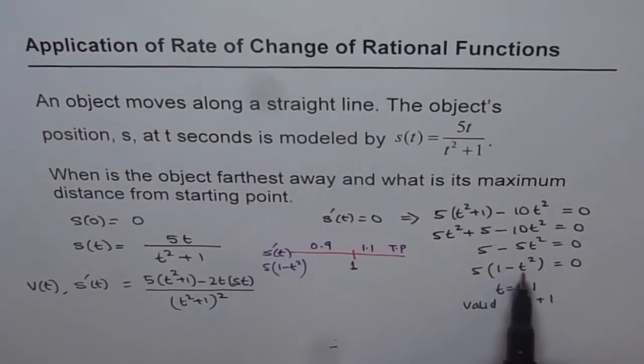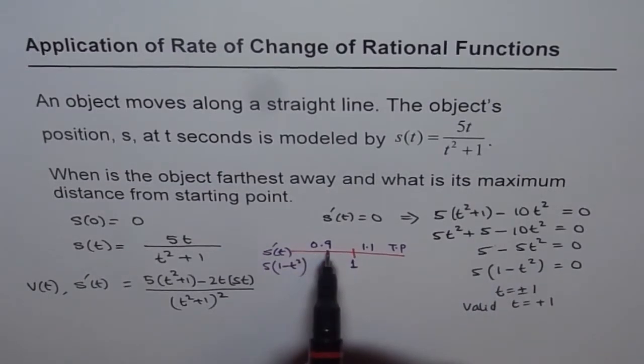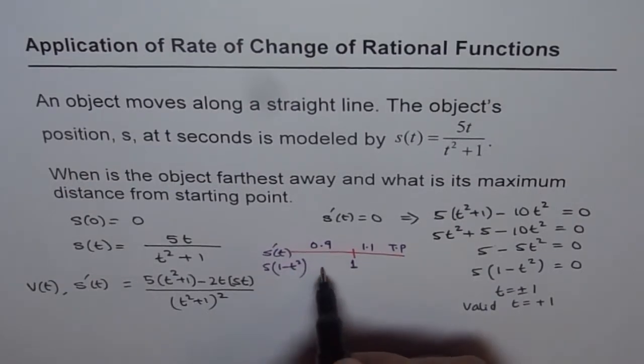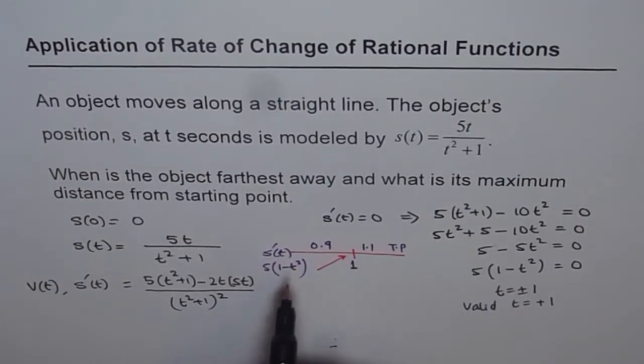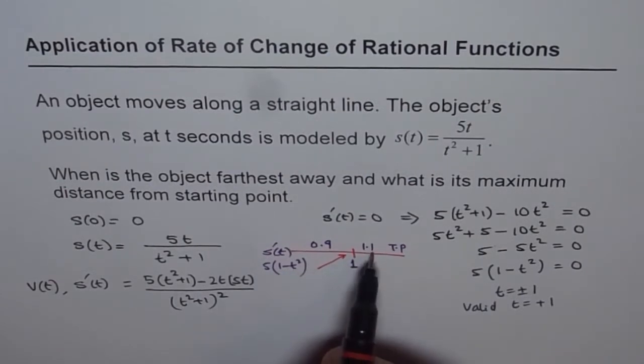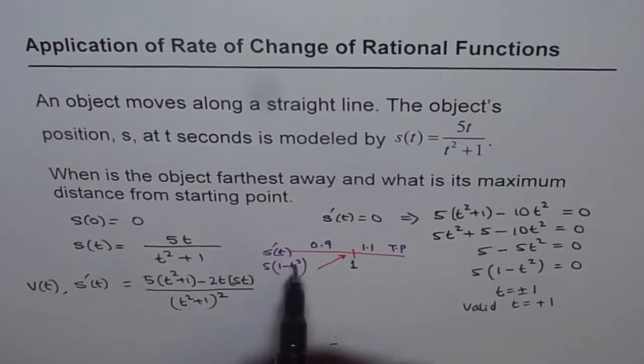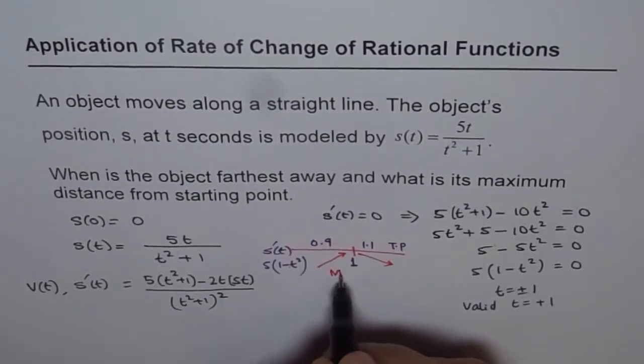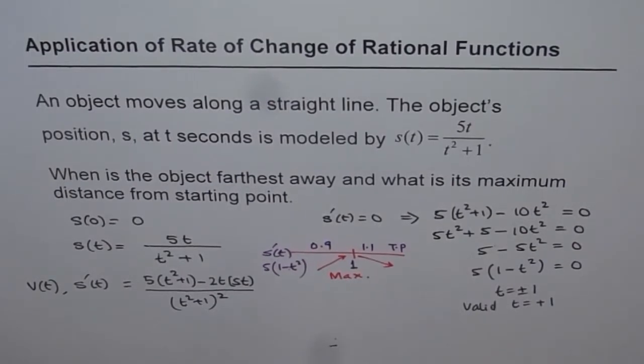If I place t as 0.9, then 1 minus t squared is going to be positive, right? So it will be increasing here. But if I place t as 1.1, then 1 minus t squared is going to be negative, decreasing, right? Therefore at 1 we do have a maximum, right? So at 1 we have a maximum.